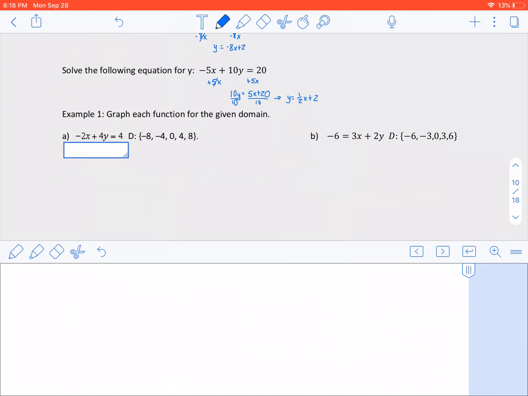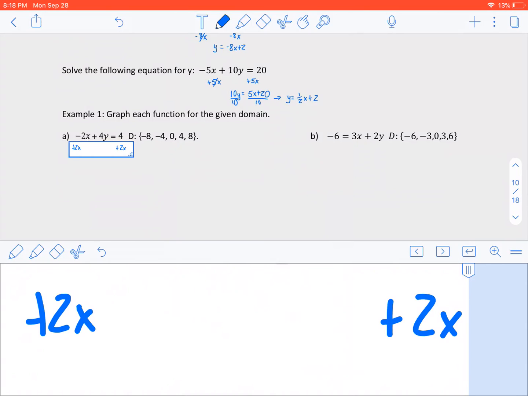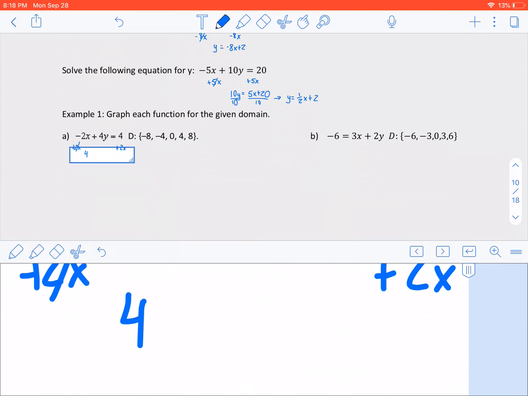Now let's go ahead and do that for these. And that's going to allow us to then plug in these points in order to graph our function. So first I'm going to add 2x to both sides. So that's gone. I get 4y equals 2x plus 4.